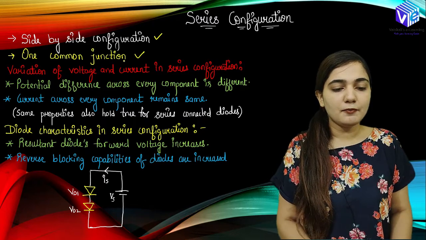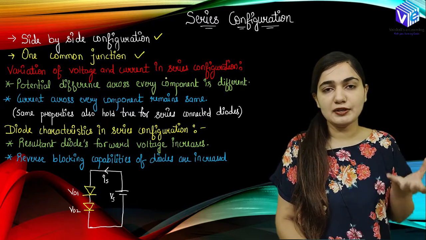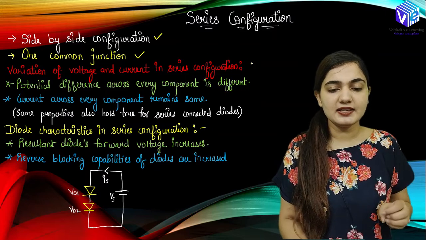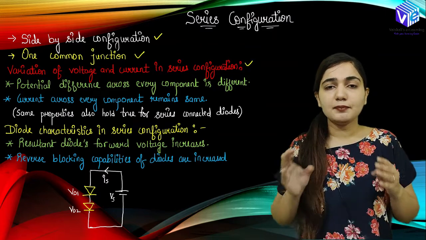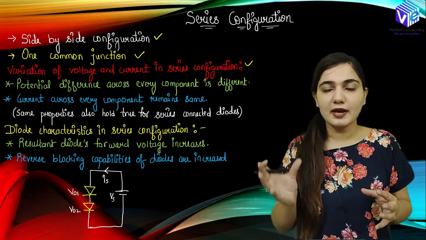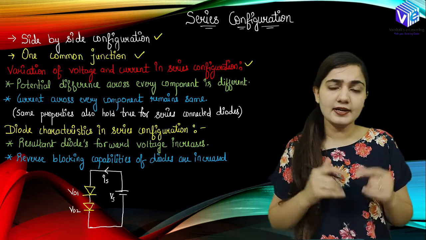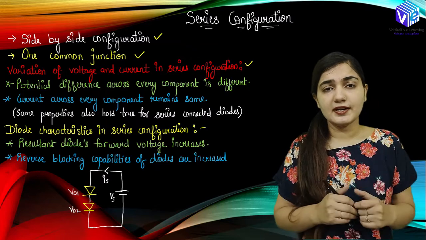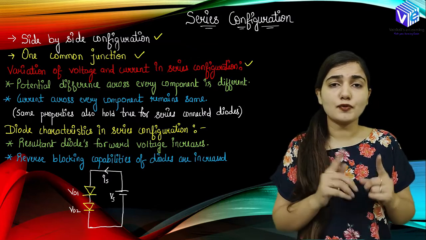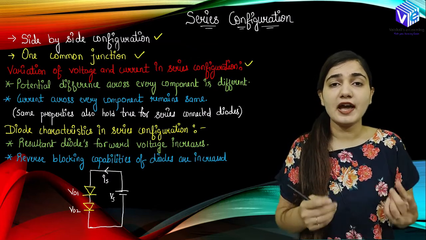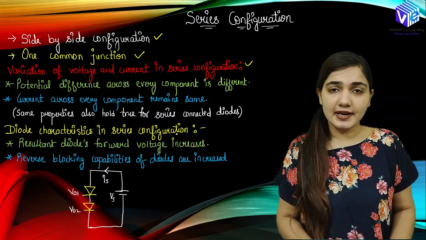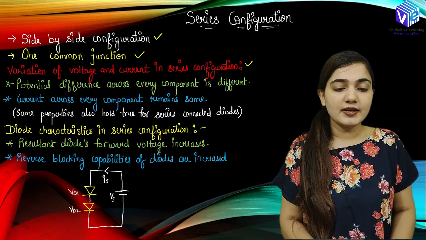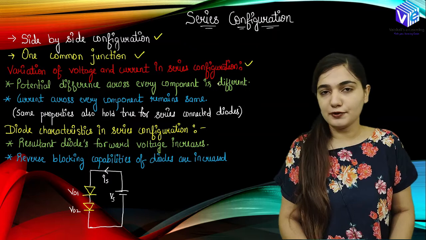Now we would be having some variation in the voltage and the current in the series configuration, right? Previously, if I was using a single diode, I was having some voltage and current. I already saw the various equations for the voltage and current when I have a single diode. Now what would happen to the voltage and current when I have two diodes connected in series? Potential difference across every component would be different.